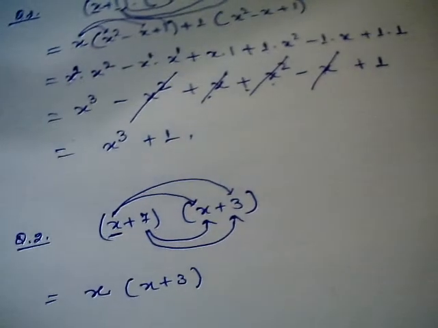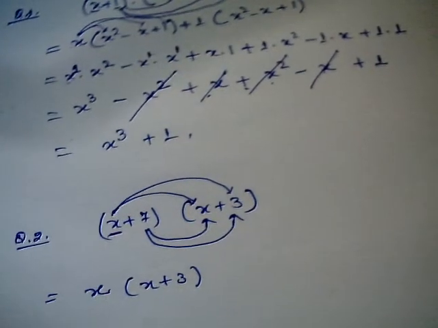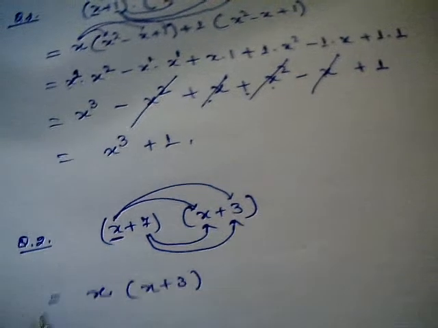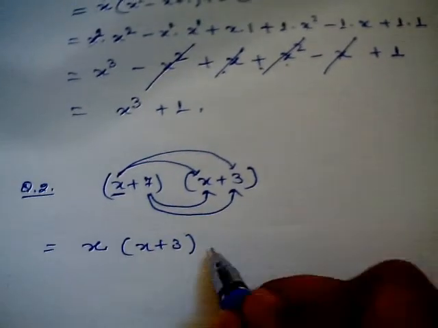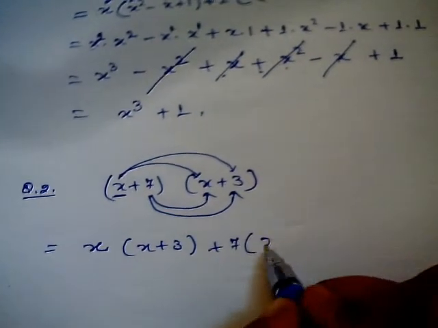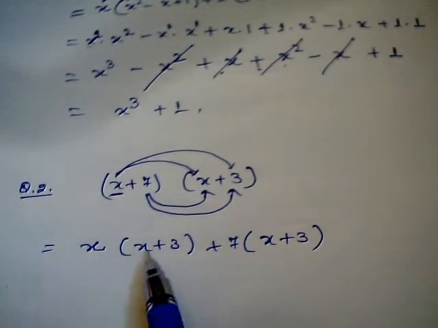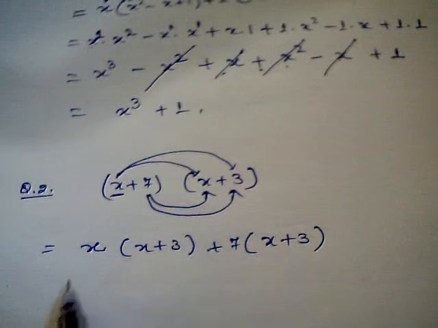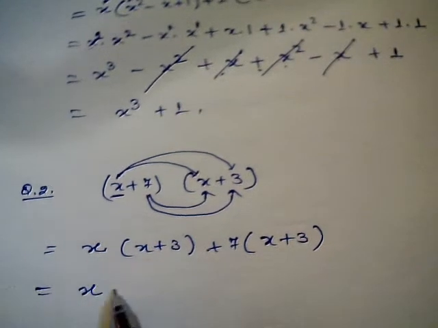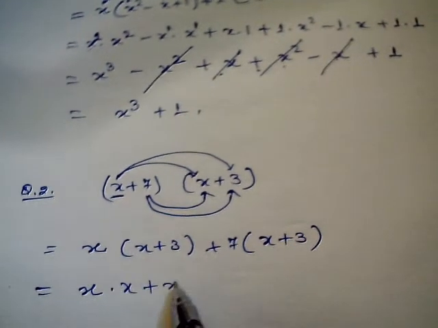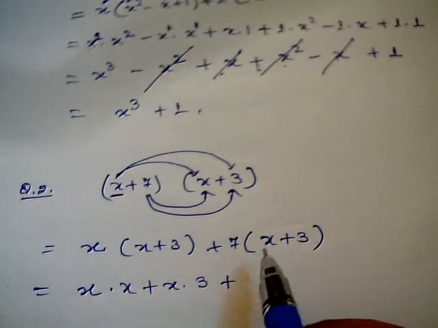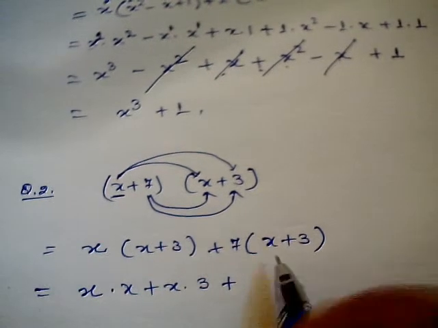Then I'll write positive 7 and this whole bracket. Now I need to open the parenthesis, and this x I need to distribute on this x and then 3. So it's going to be x times x and x times 3. Then when you open this, positive 7 times x and 7 times 3.